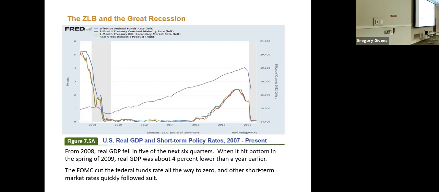And the punchline from this, hopefully I'll be able to show you by the end of the next class, is that the zero lower bound causes, in certain circumstances, the policy adjustment to mimic what happens when the Taylor principle is violated. And when the Taylor principle is violated, what do we see happen?